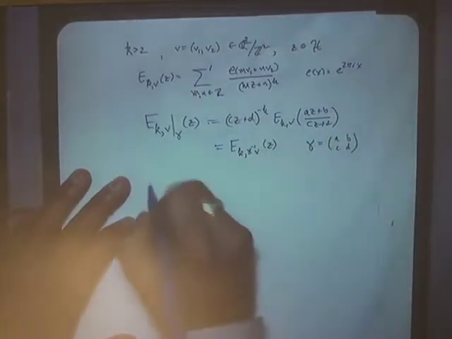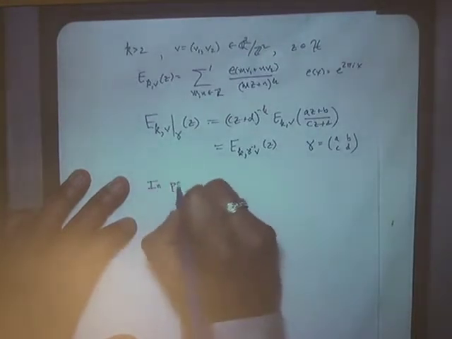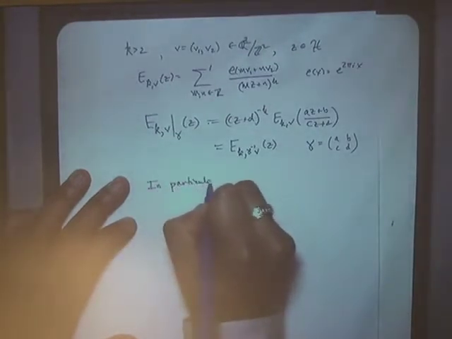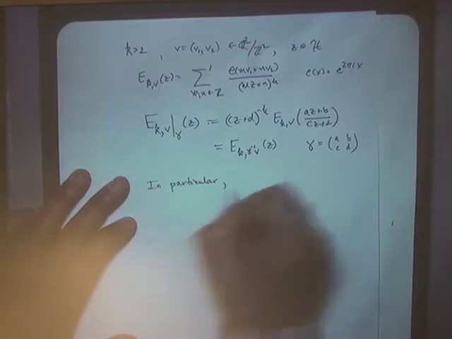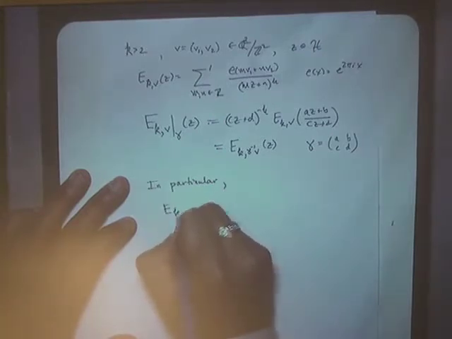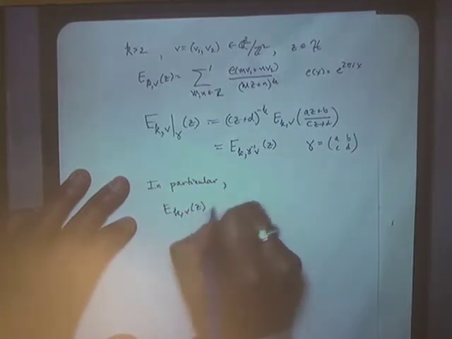Okay, so in particular, this E_k,v of z is a modular form.